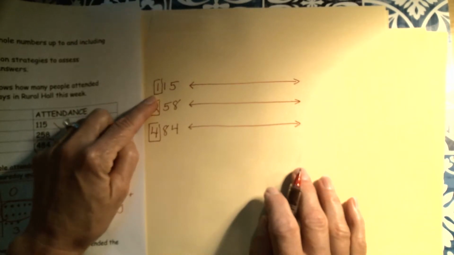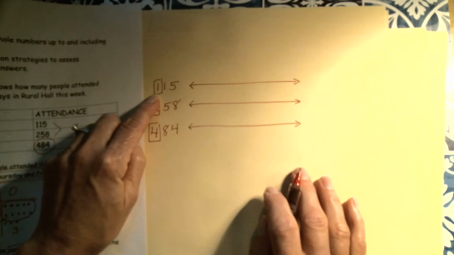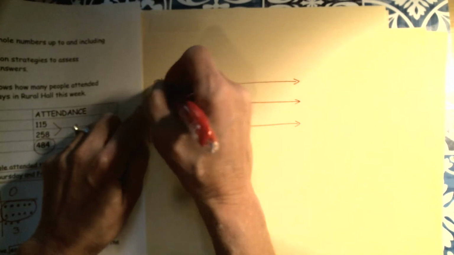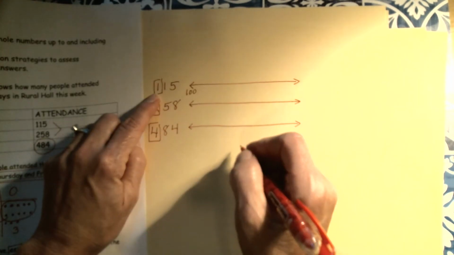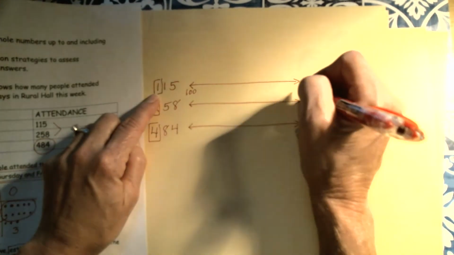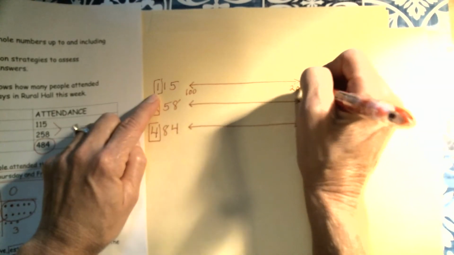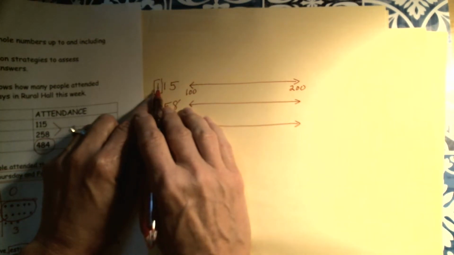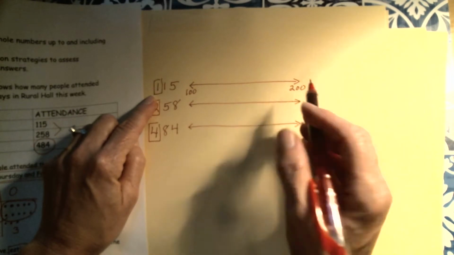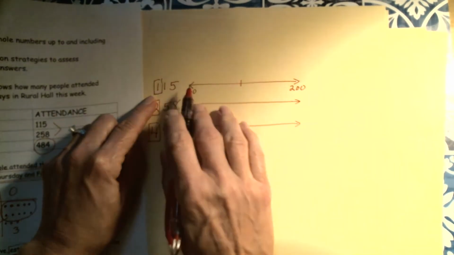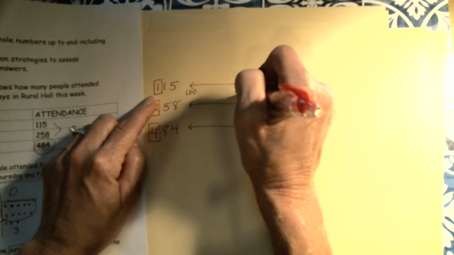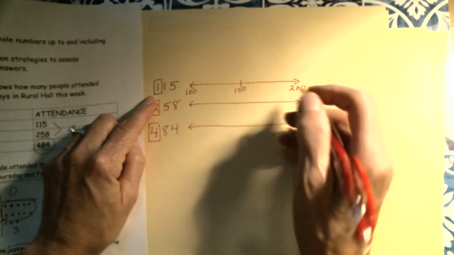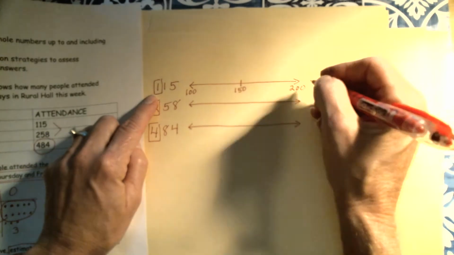When I'm rounding, the number can either stay the same, which means it would stay 100, or it goes up 100 to 200. I'm going to place 150 in the middle of 100 and 200.